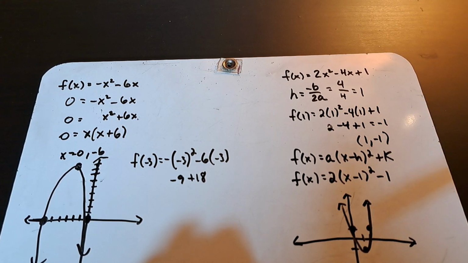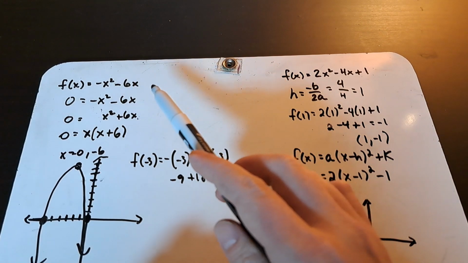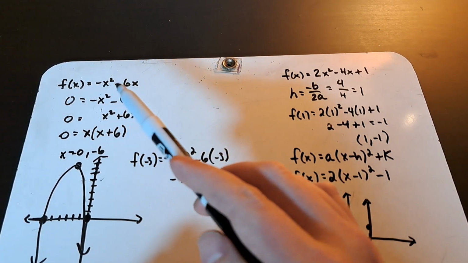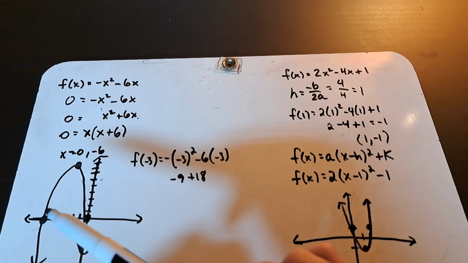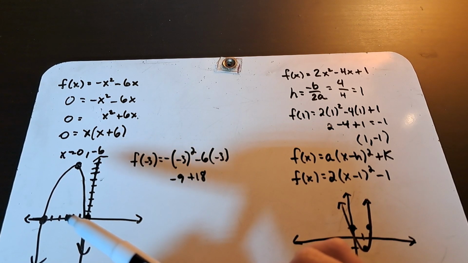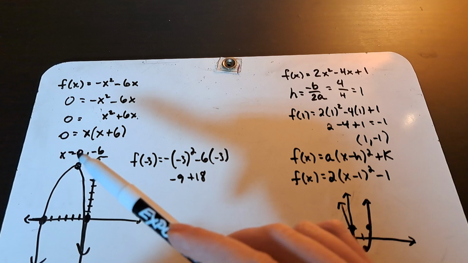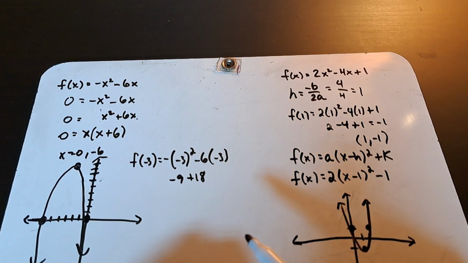So just to recap, if you don't have a constant on the end, it's easy to factor, find the x-intercepts, and then realize that the vertex is halfway between the x-intercepts and figure out what its output is.